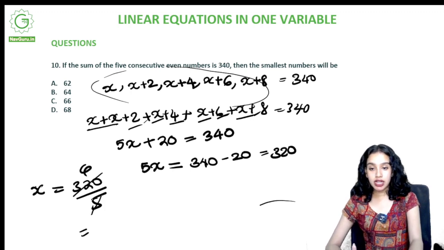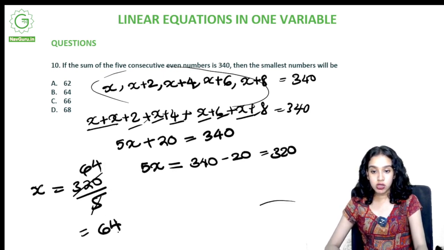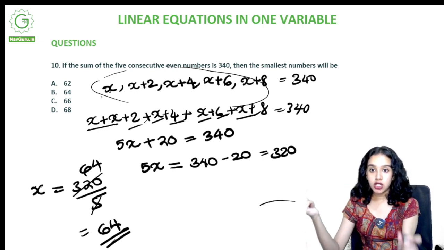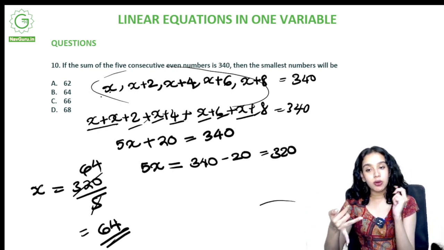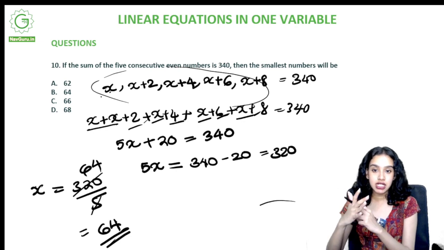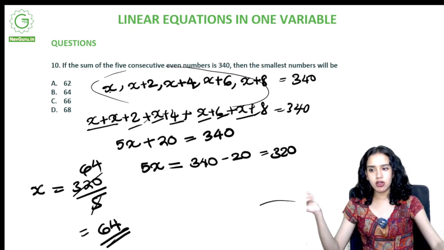We have 2 balance. So in 20, it goes 4 times. So x is equal to 64. And what is x? x is the smallest number here. So if we add 64 plus 66 plus 68 plus 70 plus 72, we'll get 340. If you want, you could check the calculation.